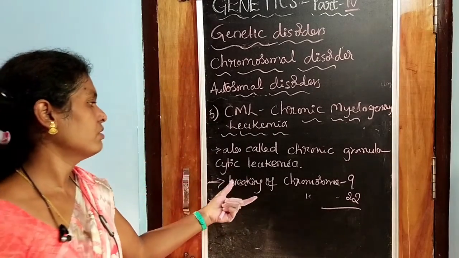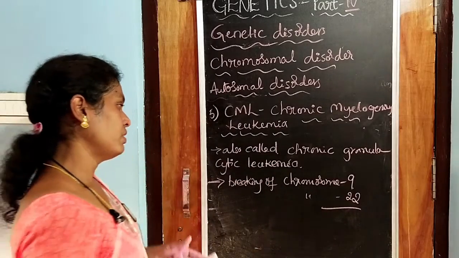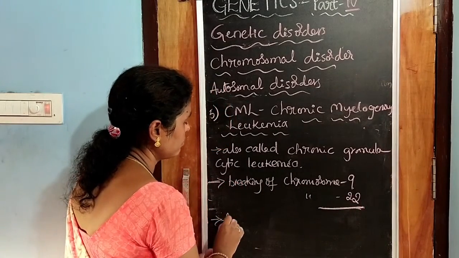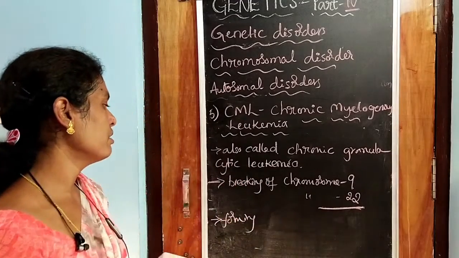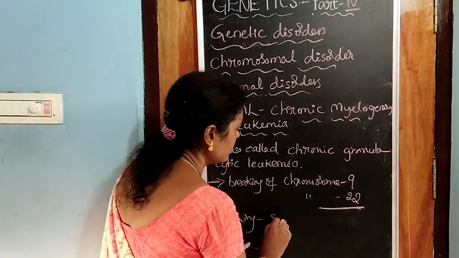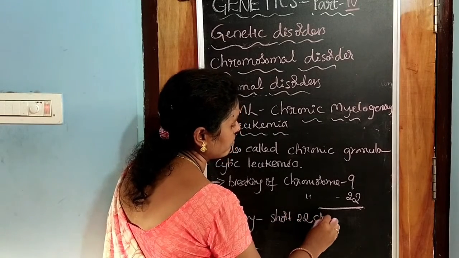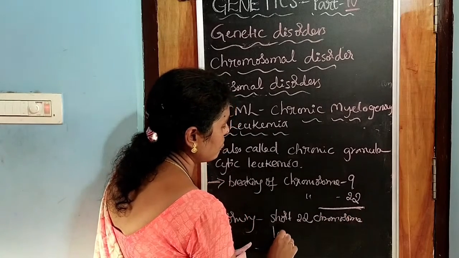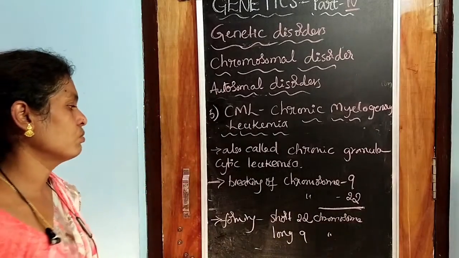When these two chromosomes break and exchange places, they form a short chromosome 22 and a long arm of the 9th chromosome.